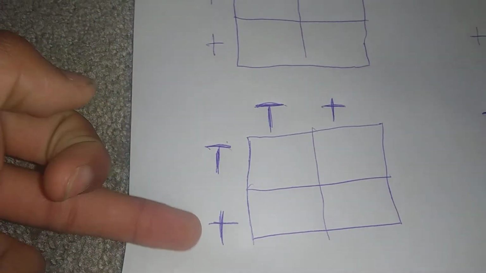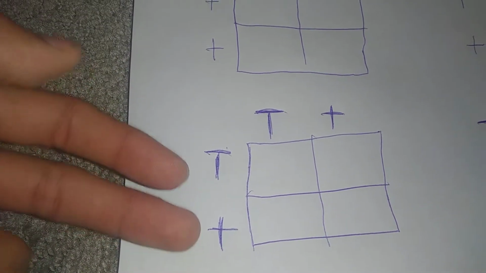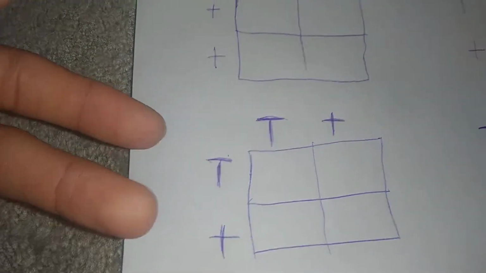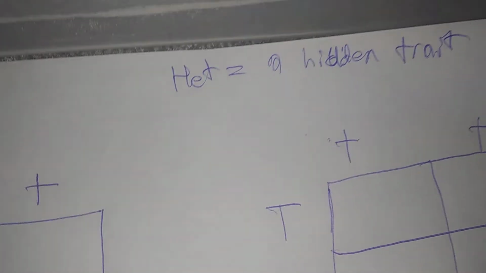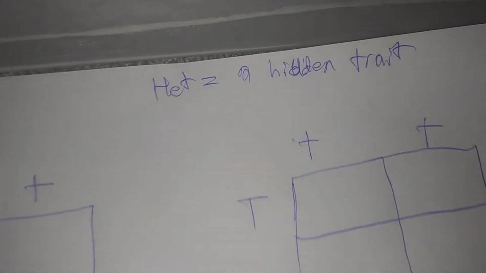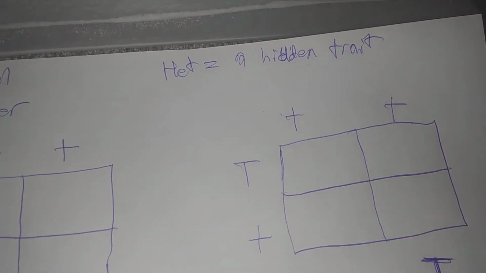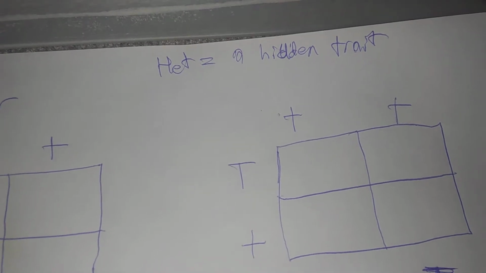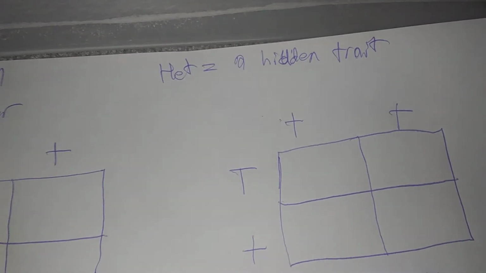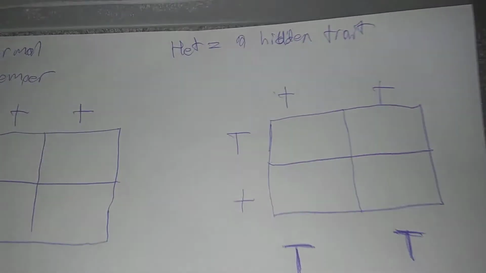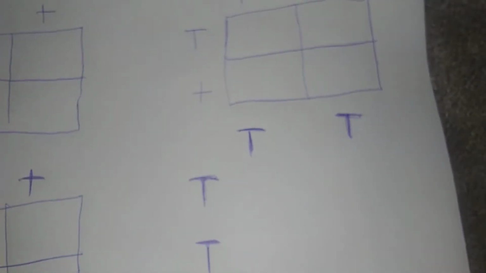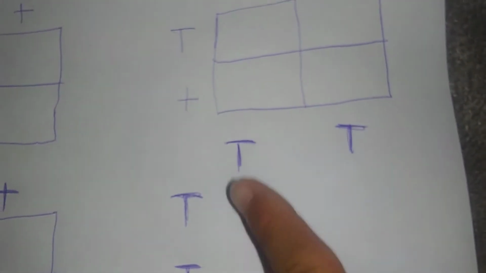A large T then a little t would be a het Tremper. So het basically means heterozygous. We call it het for short. It means to carry a trait that is not shown in the phenotype, or that you can't see, basically. So if you cross a het to a Tremper, you still have a chance of getting a Tremper, which I'll explain in a minute. And two large T's just means a normal.